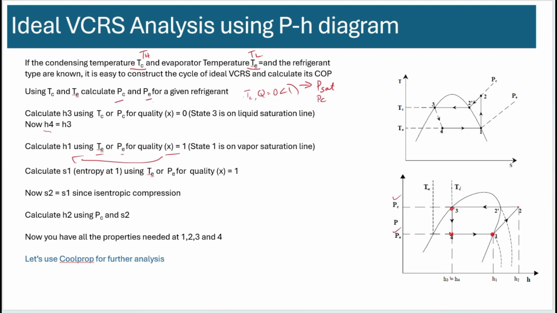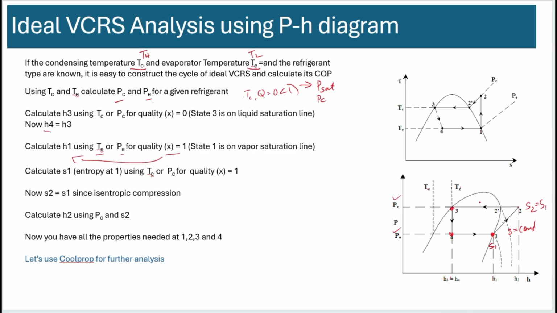Now you want to calculate this point. For that, you assume isentropic compression, right? S equal to constant. So first calculate the S value here and assume that it is the same value here. S1 is the same as S2.